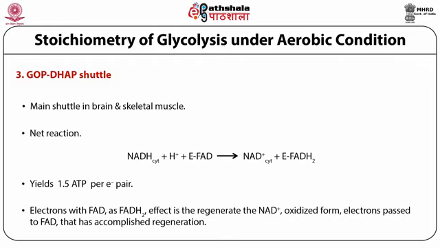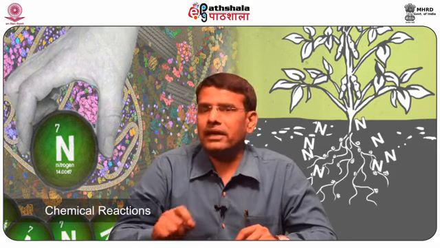More or less ATP is produced depending on which shuttle is used, and it also depends on the cells. Stoichiometry is the calculation of relative quantities of reactants and products in a chemical reaction.